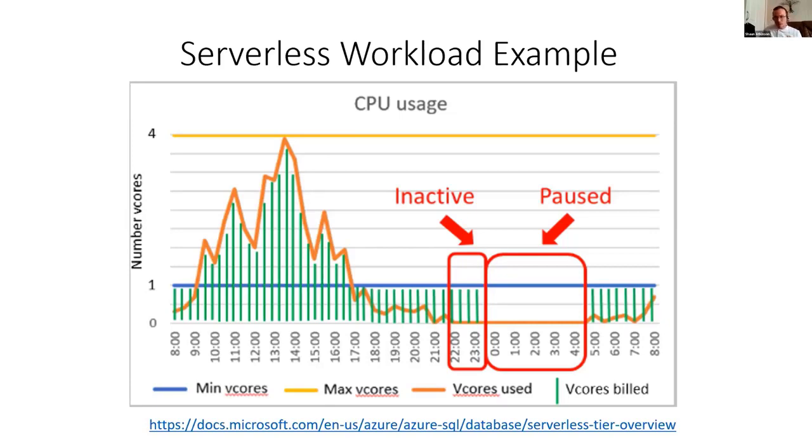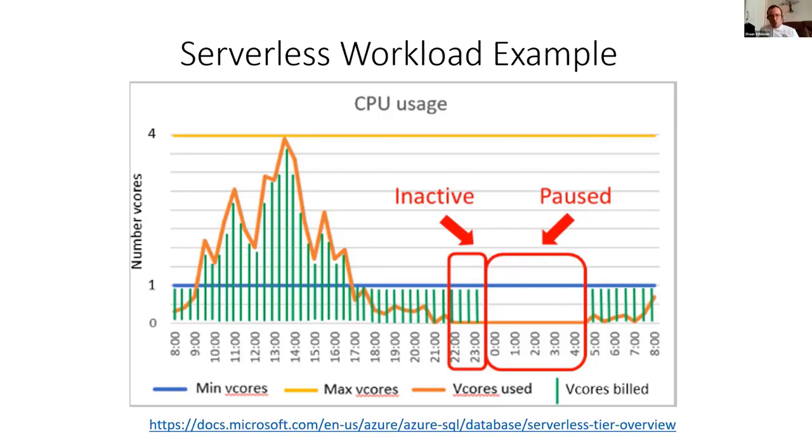And then at 10 o'clock, the database becomes inactive. You've got this period between 10 p.m. and 11 p.m. where the database is inactive. What's happened there is the last person in the office has closed down the application, disconnected from the database, and the database is now just sat idle. This is, in serverless, what is known as the auto pause delay period.